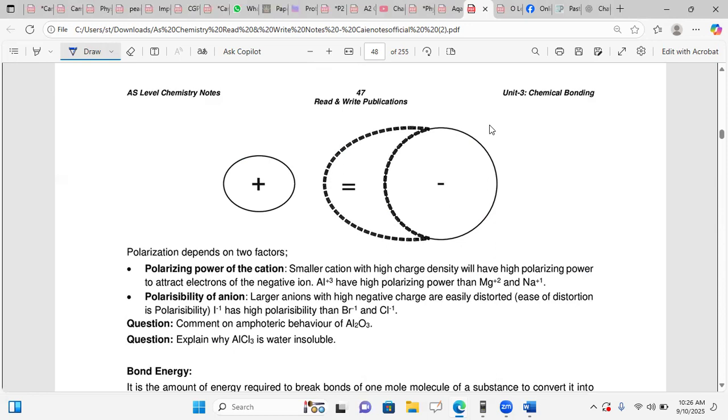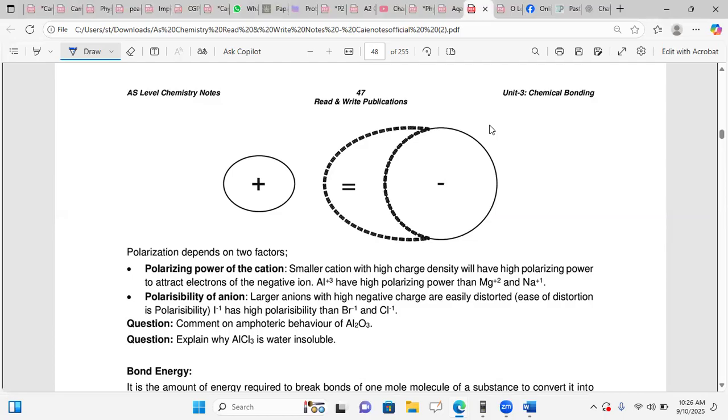Comment on the amphoteric behavior of Al2O3, or explain why AlCl3 is water insoluble. The reason is that they can show both characteristics of amphoteric; it can behave as an acid, it can behave as a base.